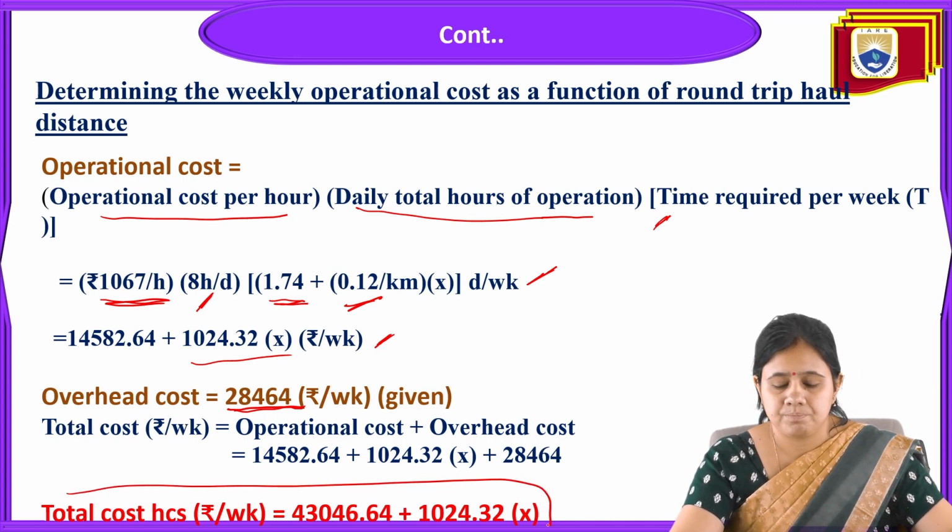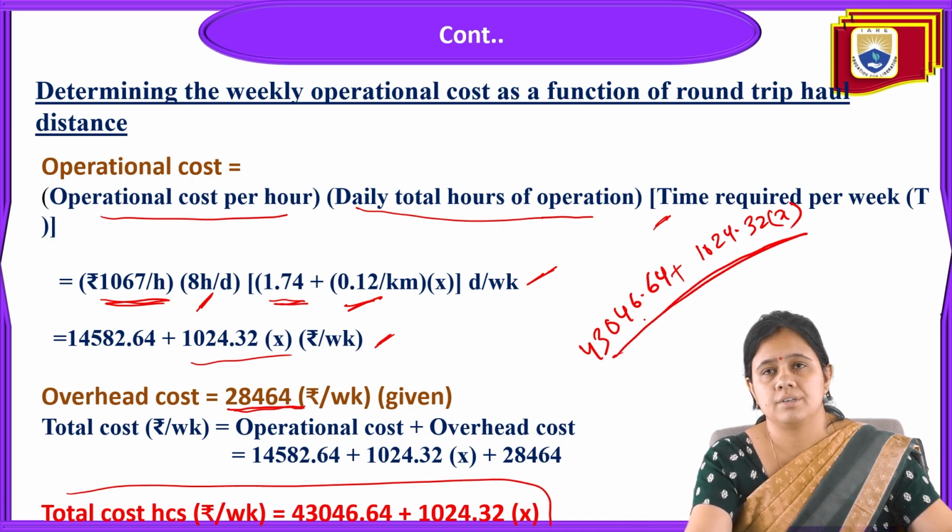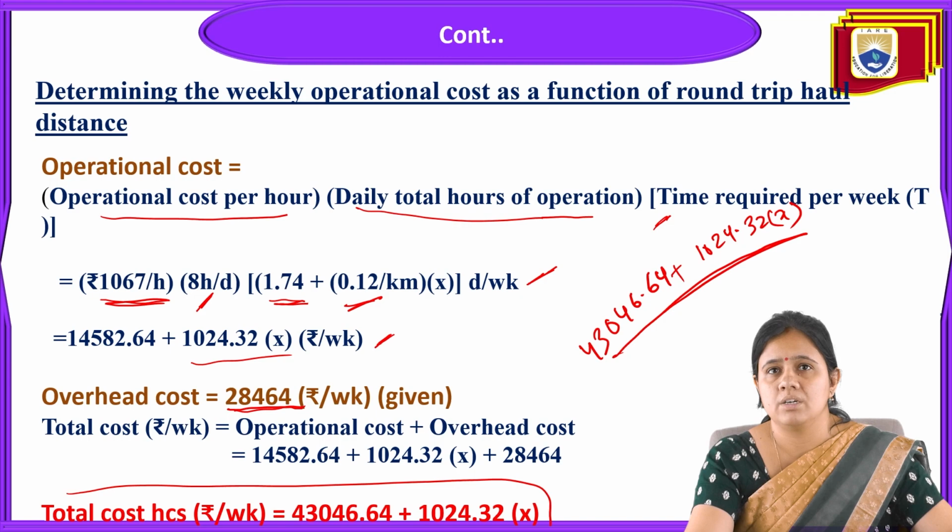It is like 43,046 into 64 plus 32 as a function of x. So this much is required weekly as a function of round trip haul distance.